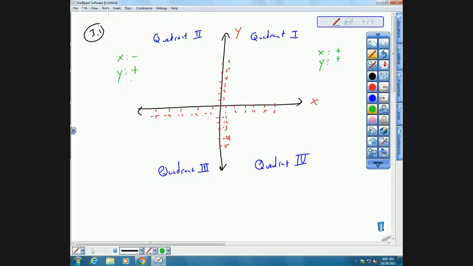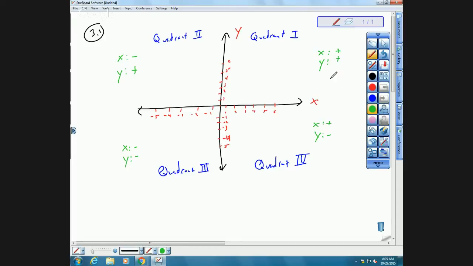So X's are negative and Y's are positive. Over here, they're both going to be negative. So my X's are negative, and going down, my Y's are negative. And then over here, my X's will be positive and my Y's will be going down, negative.